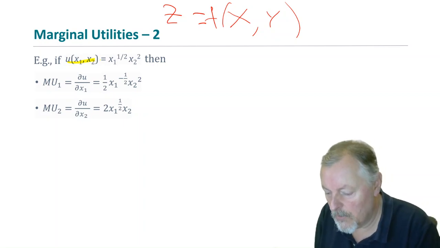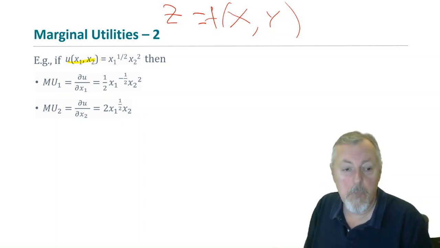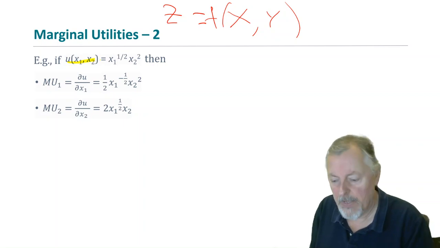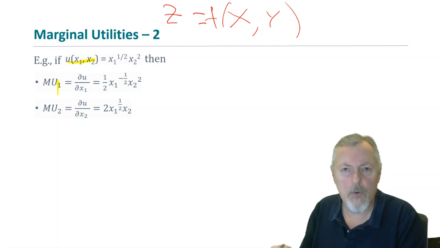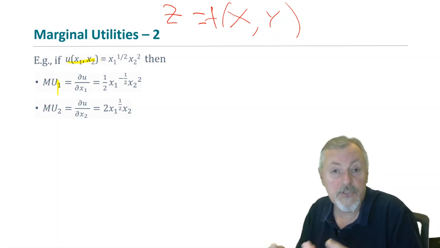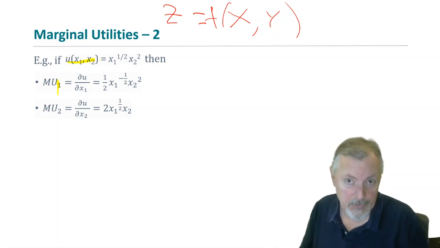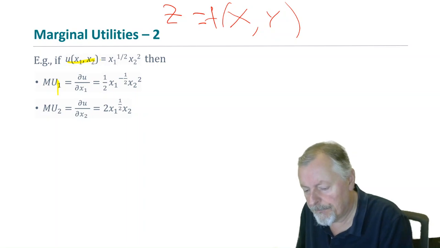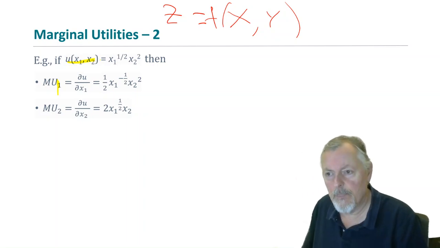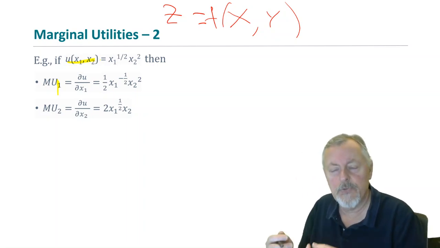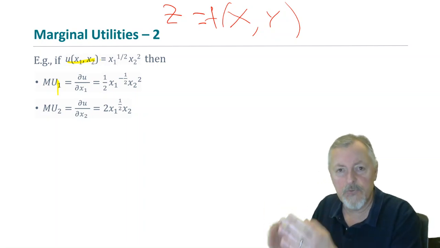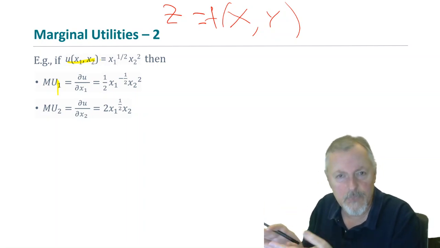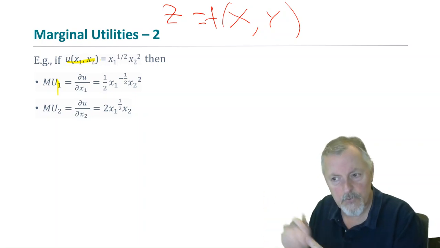So here, if you want to know the marginal utility of commodity 1 in this function, that is, if you get one more of this thing, how much is your utility going to go up or down? Then you have to take the partial derivative, the derivative just with respect to x, the derivative essentially in the x1 direction.